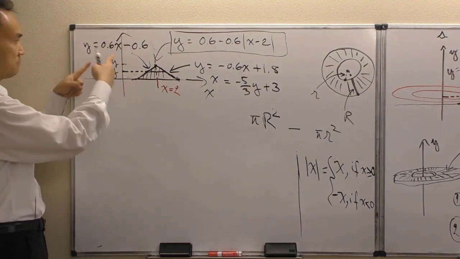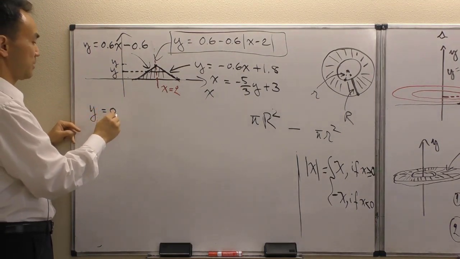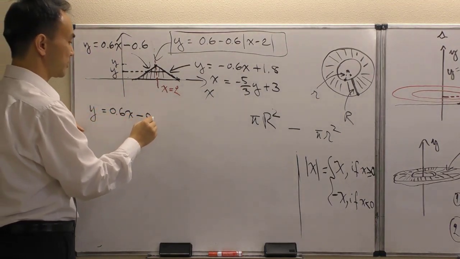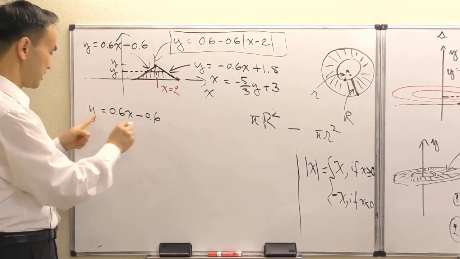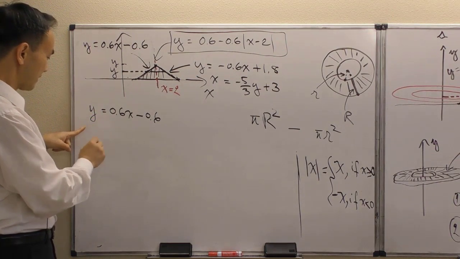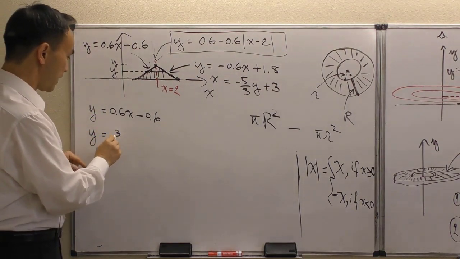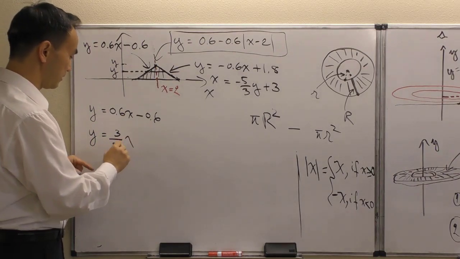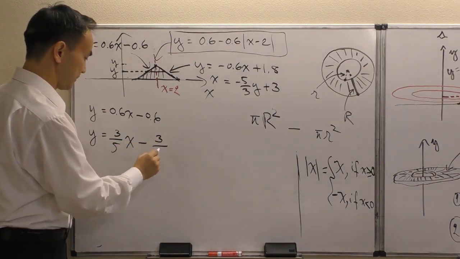Okay, so this other curve, y equals positive 0.6x minus 0.6, is the same as y equals positive 3/5 x minus 3/5.